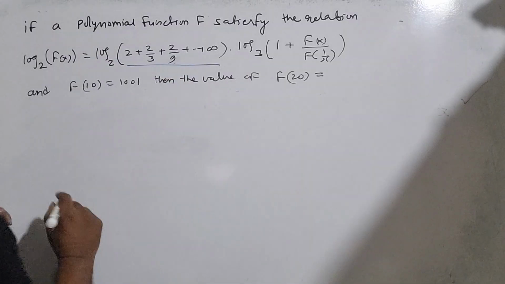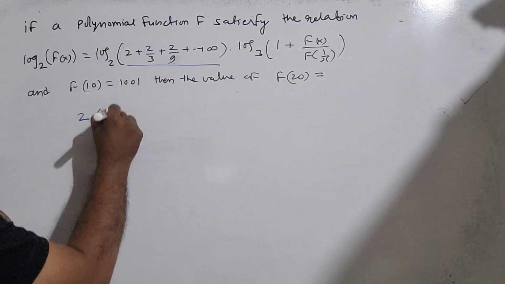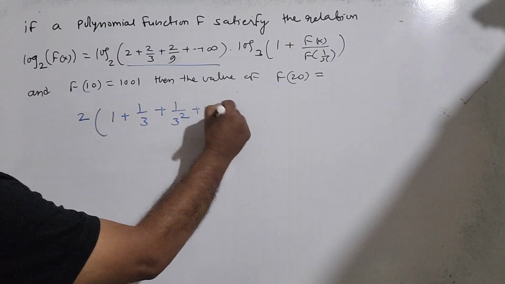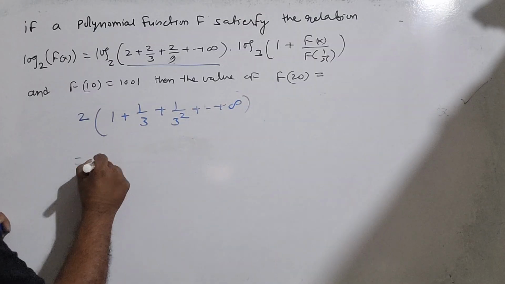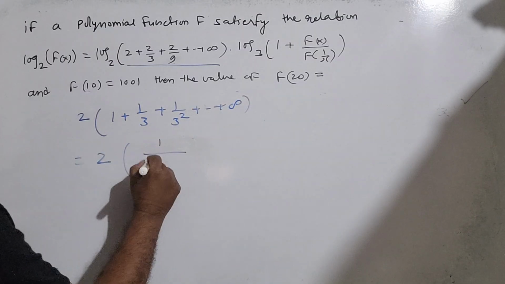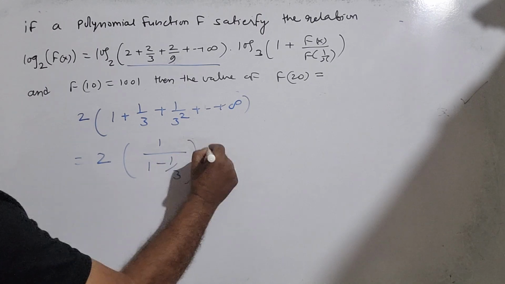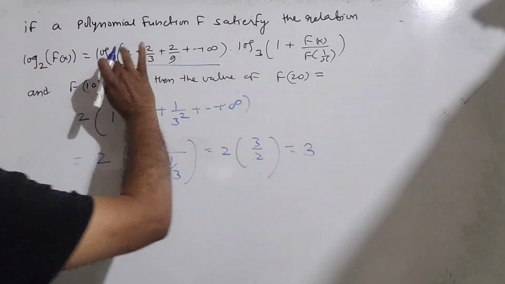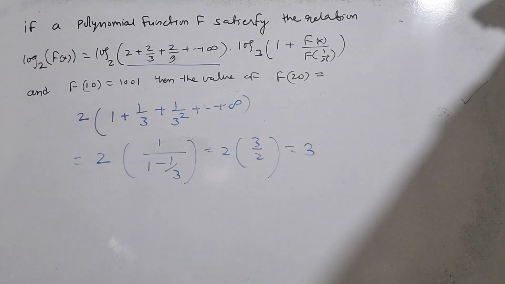This is an infinite GP sum. So I can take 2 common: 1 plus 1/3 plus 1/3 squared, up to infinity. This is 2 into 1 upon 1 minus 1/3. That is 2 into 3/2, and that is equal to 3. So this expression we have easily found. Correct?